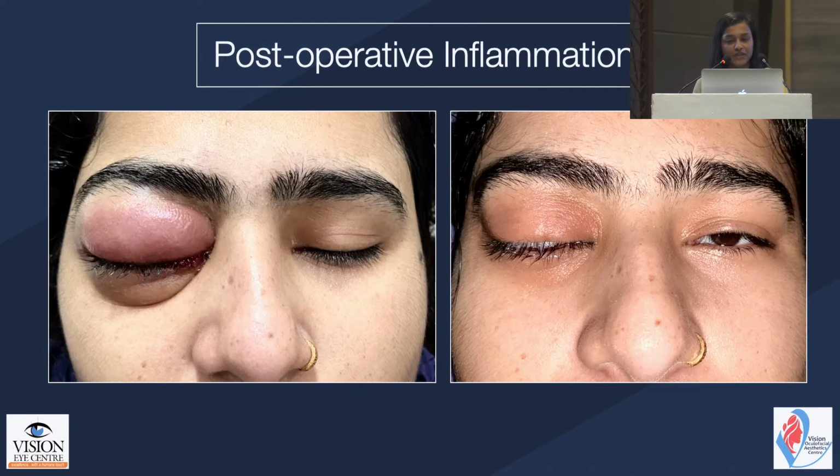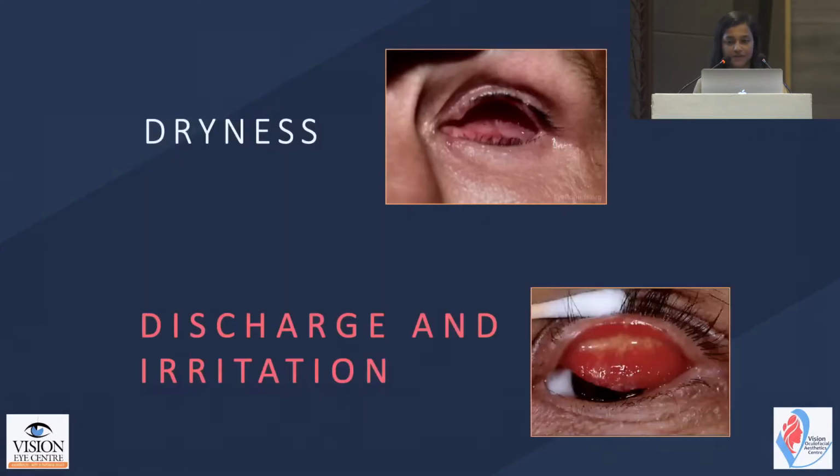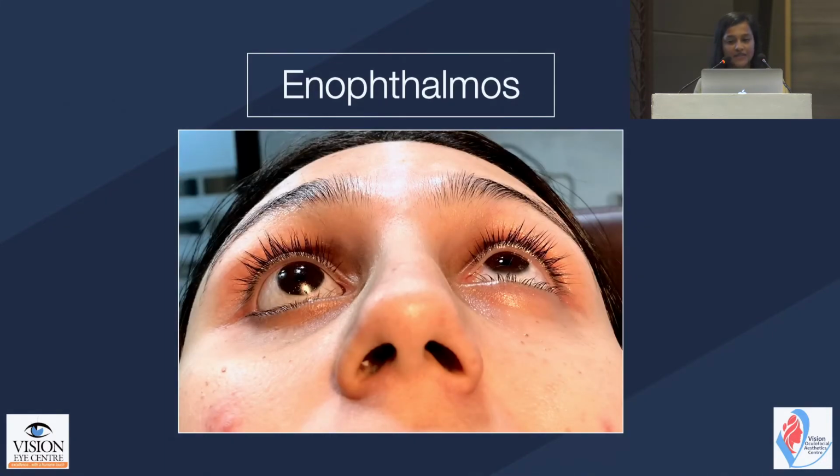Post-operative inflammation: immediately after you do a surgery, like an evisceration, you may have post-operative inflammation, so it's important that you give a good amount of oral steroids after the surgery. You can have dryness in the socket, discharge, and irritation. Irritation could be because of development of papillae, giant papillae. Enophthalmos is another issue.